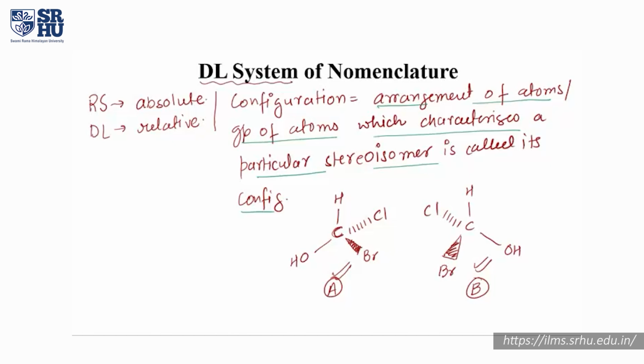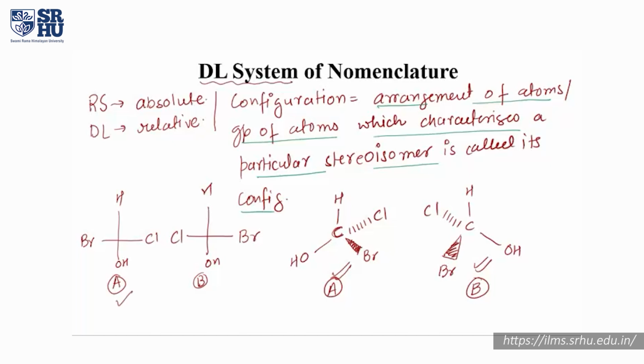How? Let us see the Fischer configuration of A. In the Fischer configuration of A, H and OH are on the vertical side, bromine is on the left-hand side and Cl is on the right-hand side. Whereas in B, H and OH are vertical, but bromine is on the right-hand side and chlorine is on the left-hand side.